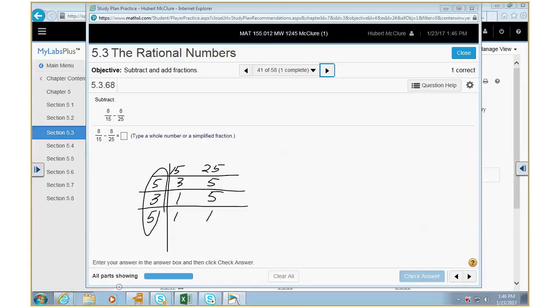What's 15 times 5? 75. So 75 here and 75 here. How many times will 15 go into 75? 5 times. 5 times 8 is 40. 25 will go into 75 3 times. 3 times 8 is 24. What's 40 minus 24? Should be 16. Right?